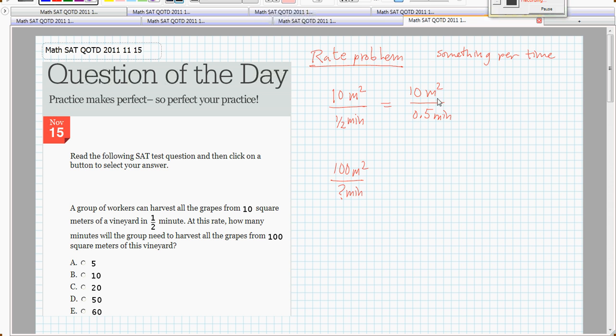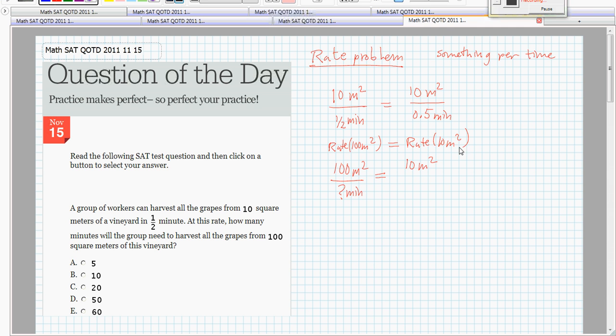Well, if I wanted my rate to be the same, the rate for 100 meters squared has to be the same as the rate for 10 meters squared.